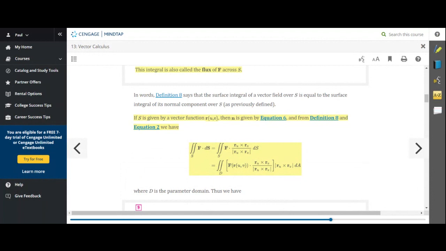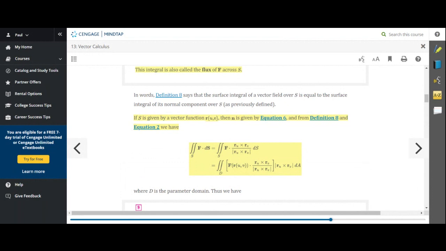This flux integral, remember, is equal to the double integral over S of the vector field dot product with the unit normal vector, dS, where dS is just the regular surface area element.